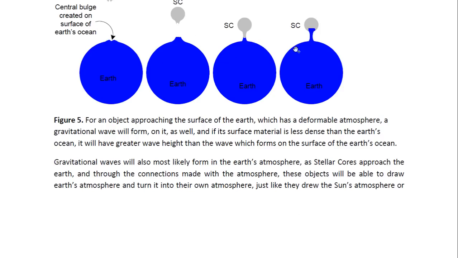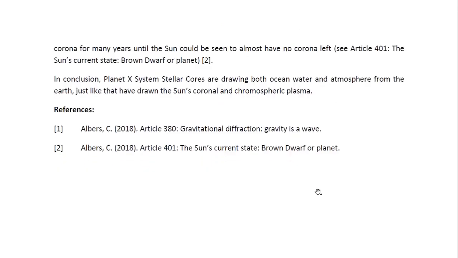So the same will be occurring, but above our atmosphere, somewhere where we are not able to see, except that instead of ocean, it will be Earth's gaseous atmosphere that will be drawn upwards towards these stellar cores that are outside the atmosphere or very close to it, and may even be inside it, but too far to affect or make contact with Earth's oceans. But these objects will be drawing Earth's atmosphere instead and making it into their own atmosphere.